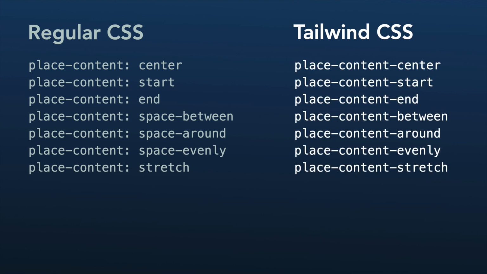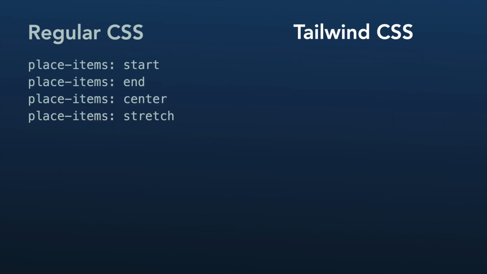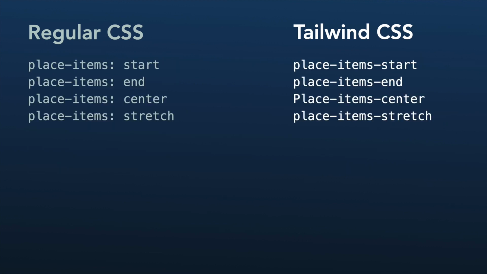The equivalent in Tailwind is place-content-center, place-content-start. Whenever we say place-content-start, it means it's the combination of both the classes content-start and items-start. Very similar to this is the place-items property, which is the combination of align-items and justify-items.